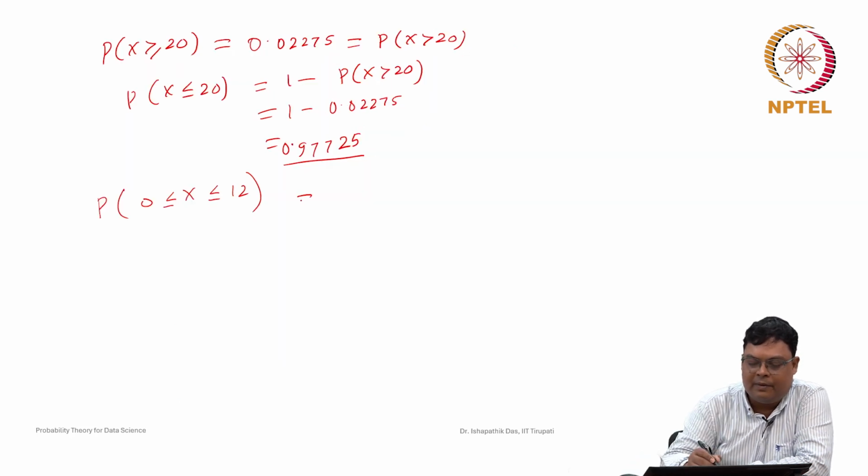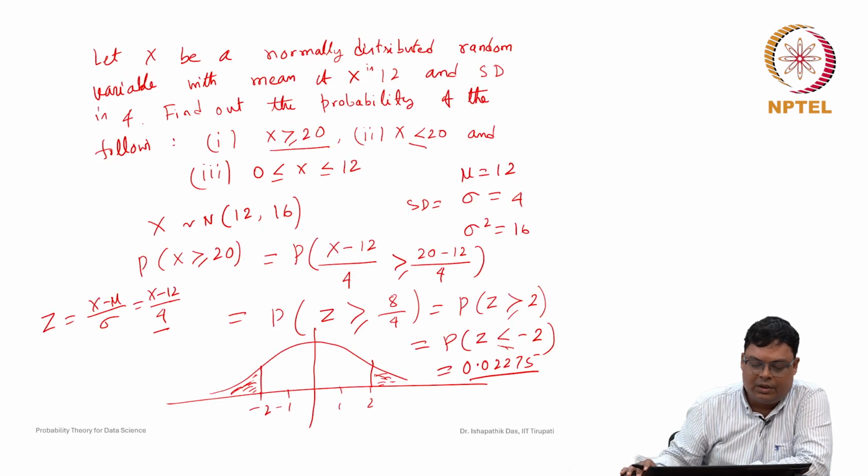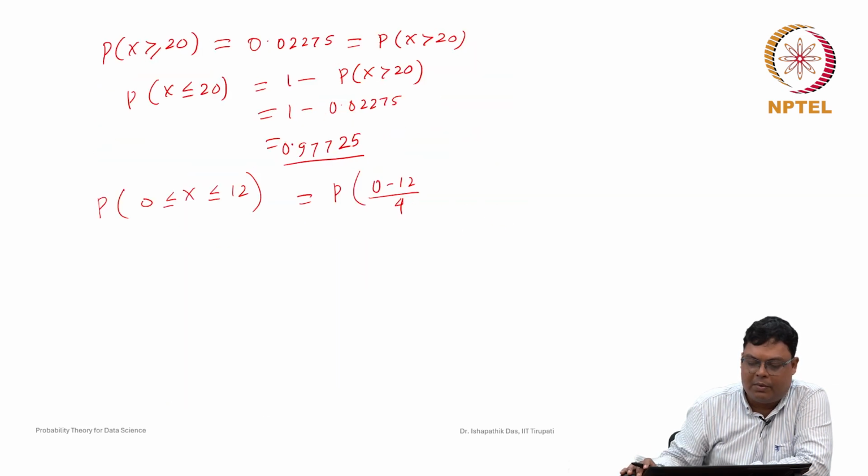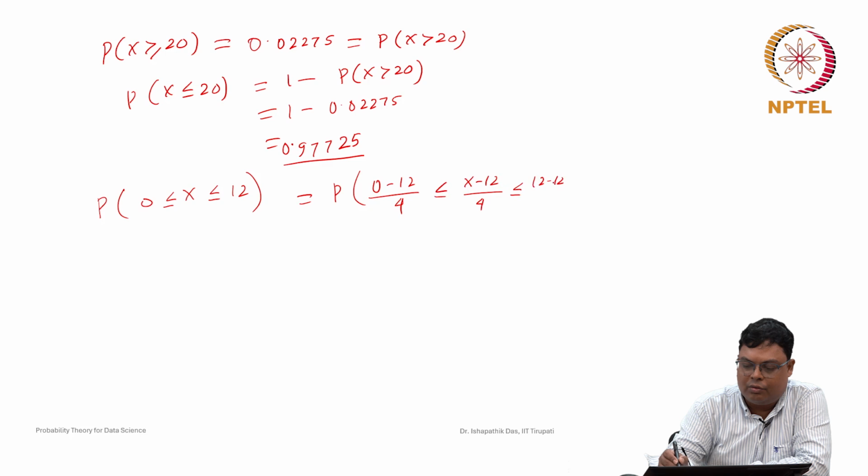Then this is nothing but (0 minus 12) by 4 less than or equal to (x minus 12) by 4 less than or equal to (12 minus 12) by 4. So, basically this probability is that minus 12 by 4, which is minus 3, is less than or equal to z, the random variable normal 0, 1, less than or equal to 12 minus 12, which is 0.